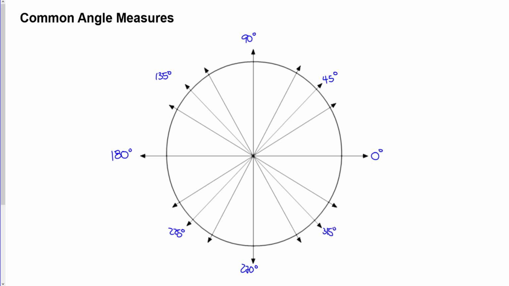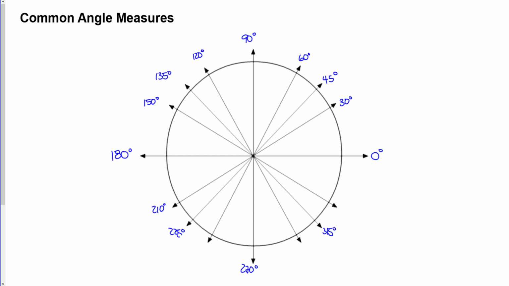Okay, then the 30 and 60 degree angle measures. This would be 30 degrees and 60 degrees. Likewise, if you go 30 degrees past 90, you have 120 degrees, and 60 degrees past is 150. 30 degrees past 180 is 210, and then 240 for 60 degrees past.